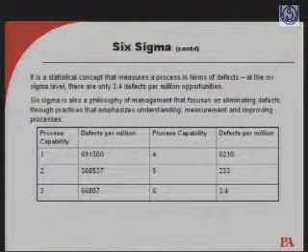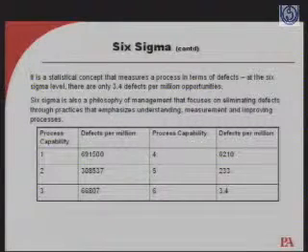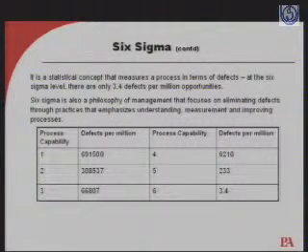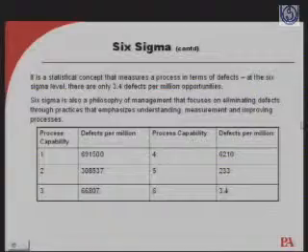So through Six Sigma we can always find out whether the process is capable enough to meet that kind of stringent standard or not. So the very moment we reach the level of Six Sigma, there are 3.4 defects per million opportunities.